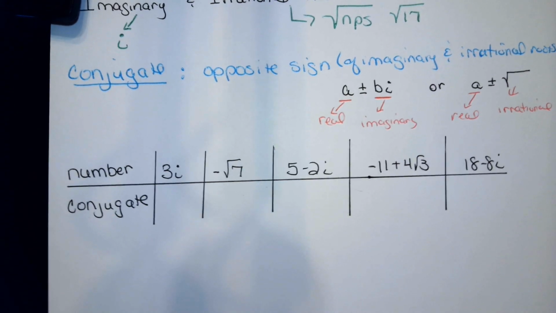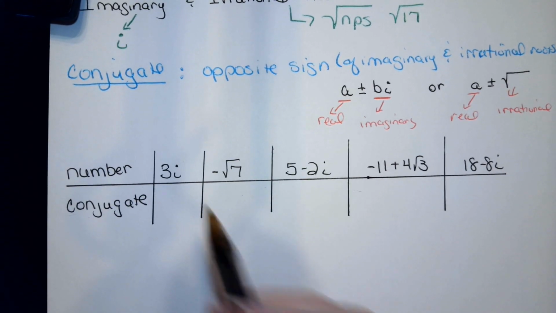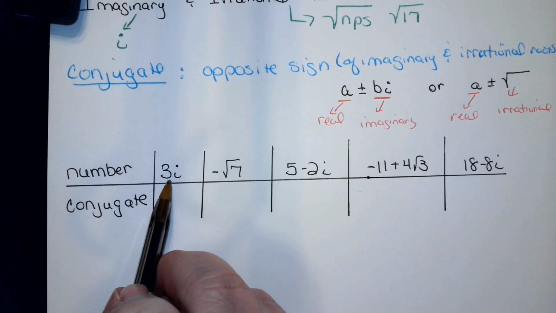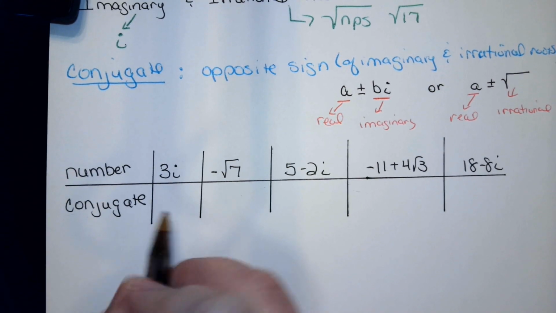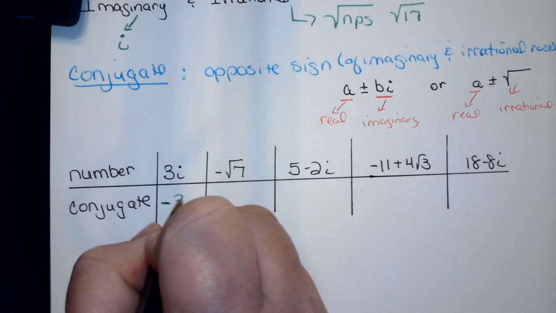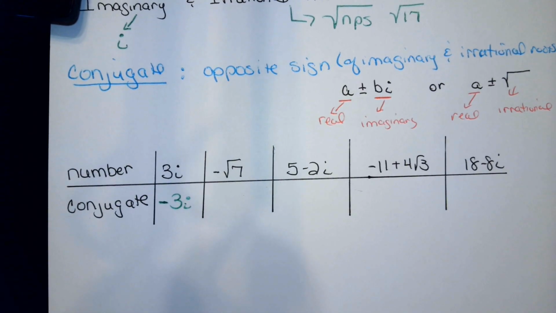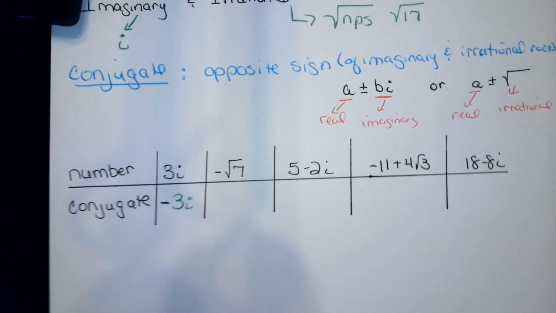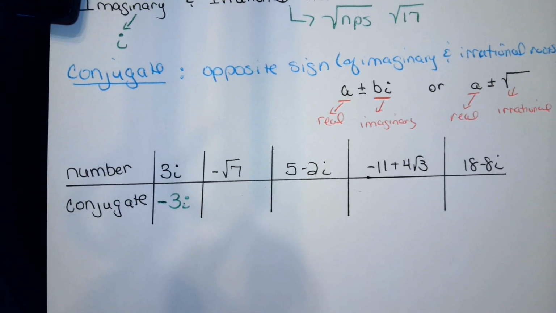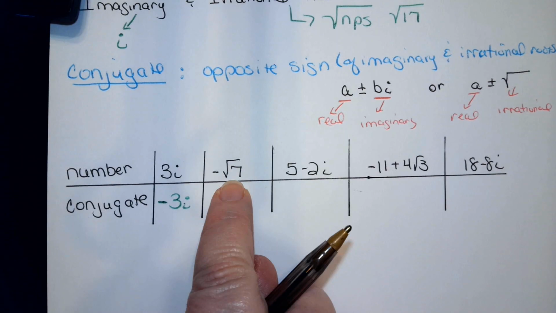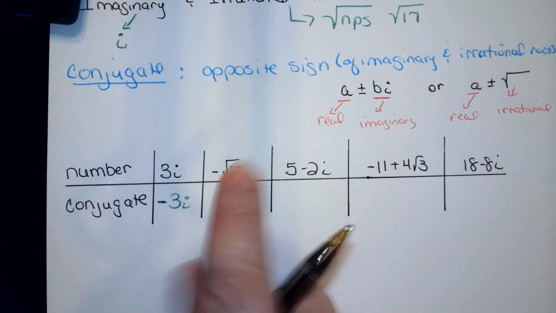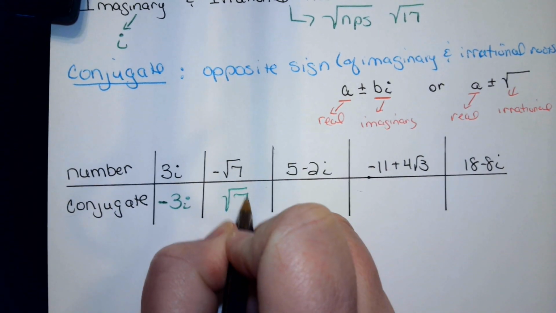Speaking of understanding what a conjugate is, notice right here we have a positive 3i. Well, the conjugate is going to be a negative 3i. You have the positive and the negative version of an imaginary solution. Here we have negative square root of 7, so the conjugate is going to be positive square root of 7.